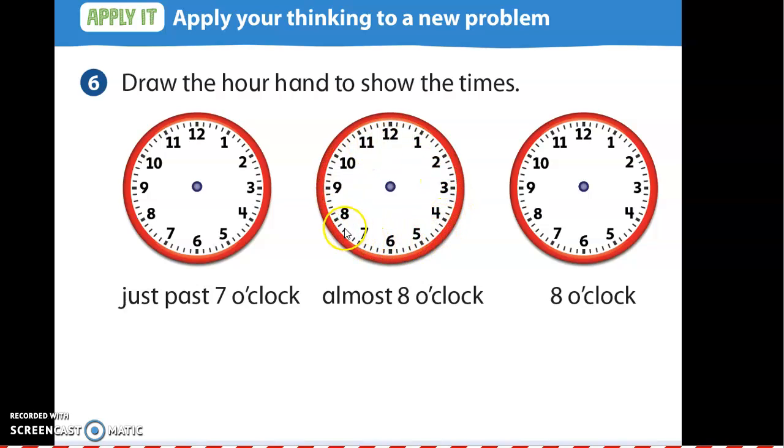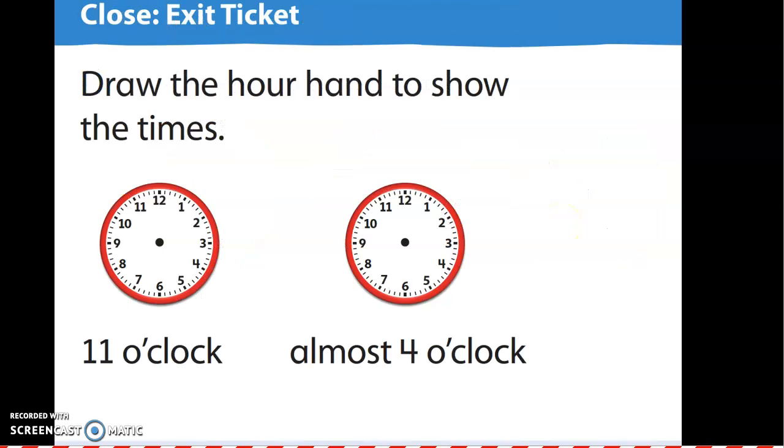So in front of would be right here, and then we would draw our arrow. For 8 o'clock, that means it is pointing directly at the 8. So I would follow the 8 up and then draw my hand. Draw the hour hand to show 11 o'clock on this clock and almost 4 o'clock on this clock.